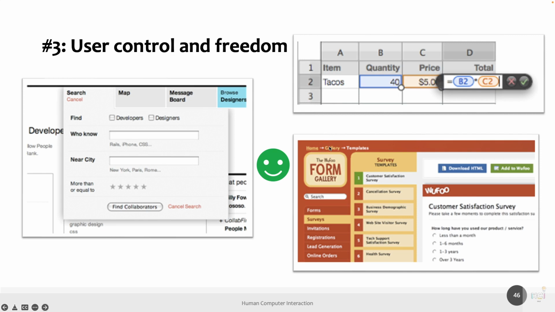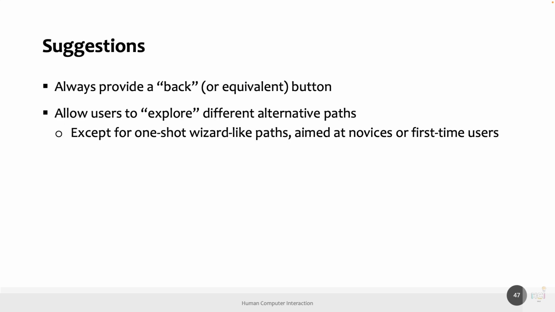So it's a menu that at the same time shows you the history of your interaction, and you can easily go back in your history. Some suggestions: always provide a back or equivalent button, and in general allow users to explore different alternative paths in your design.